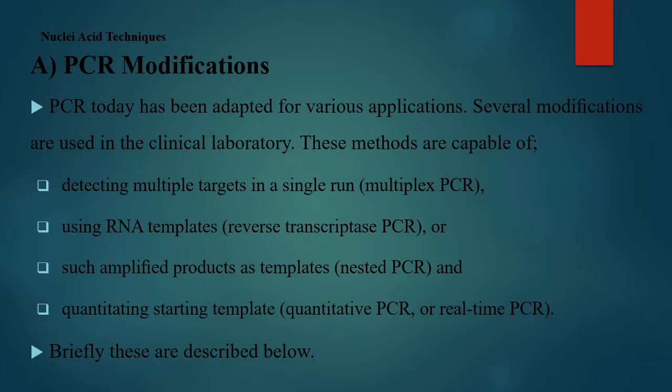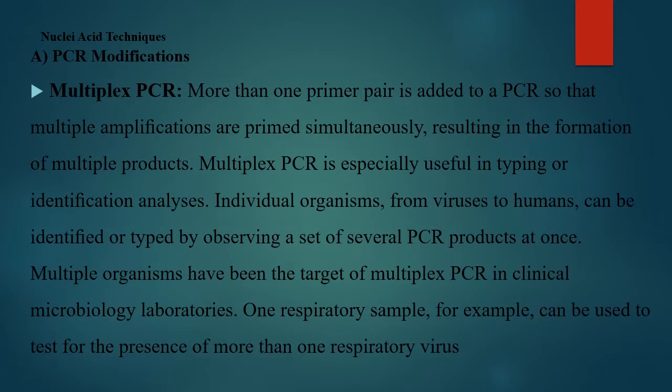And then another modification is quantitation of the PCR, that is quantitative PCR or real-time PCR. Any of these are modifications of the regular PCR. So we'll look at these briefly.